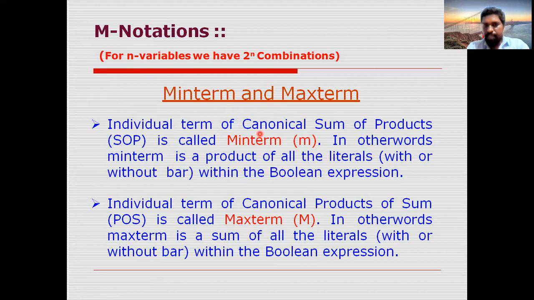Each and every term present in canonical SOP, not normal SOP, each and every individual term present in canonical SOP is called a min term. Likewise, each and every individual term present in canonical POS is called a max term. The min term symbol is small m, the max term symbol is capital M.